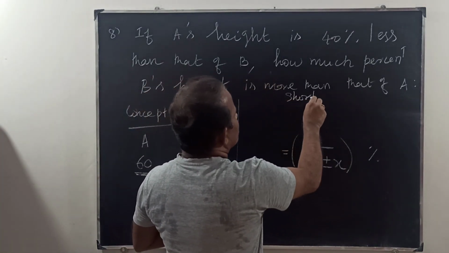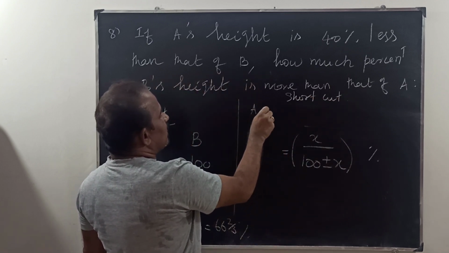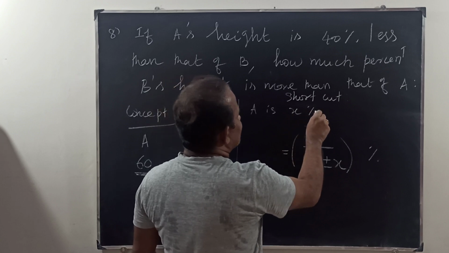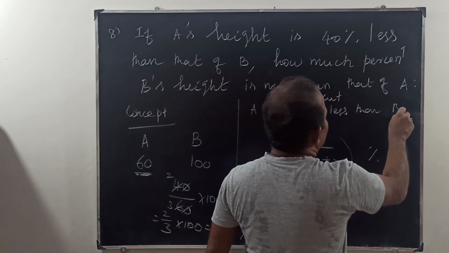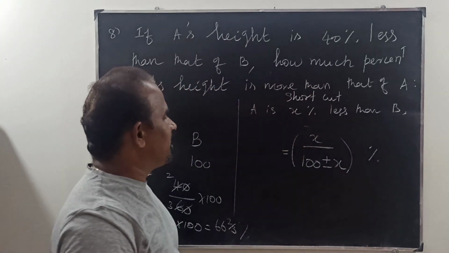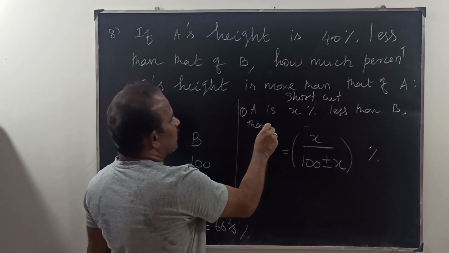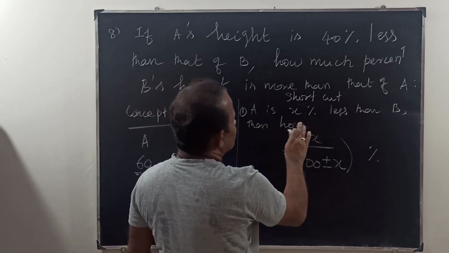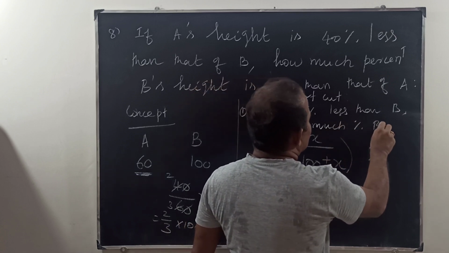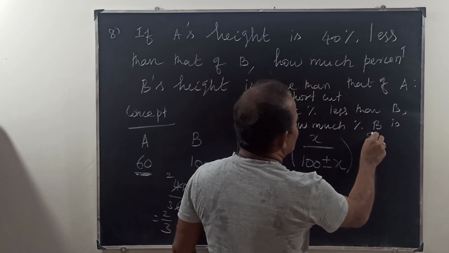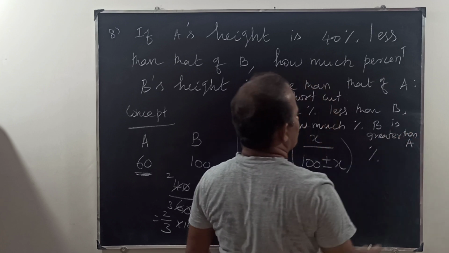In general, I am telling you, number 1: A is x percentage less than B. Then how much percentage B is greater than A?